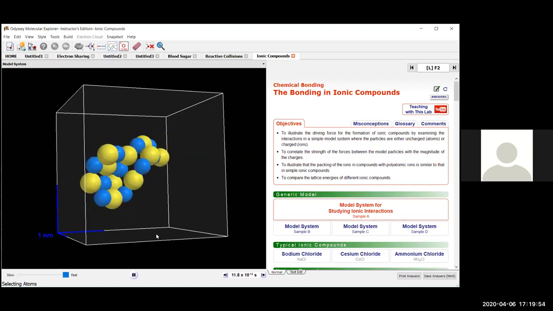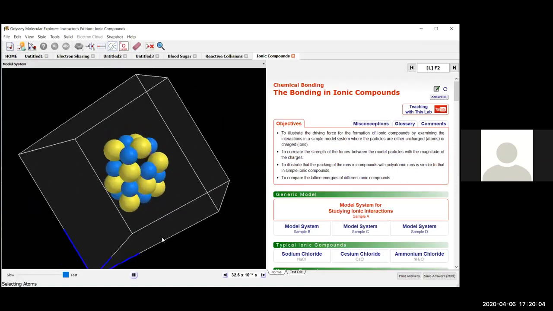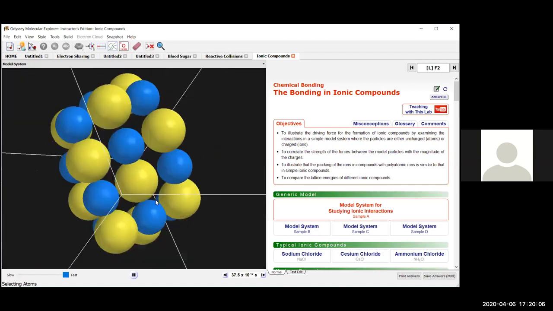And you see here the spontaneous generation of the structure.